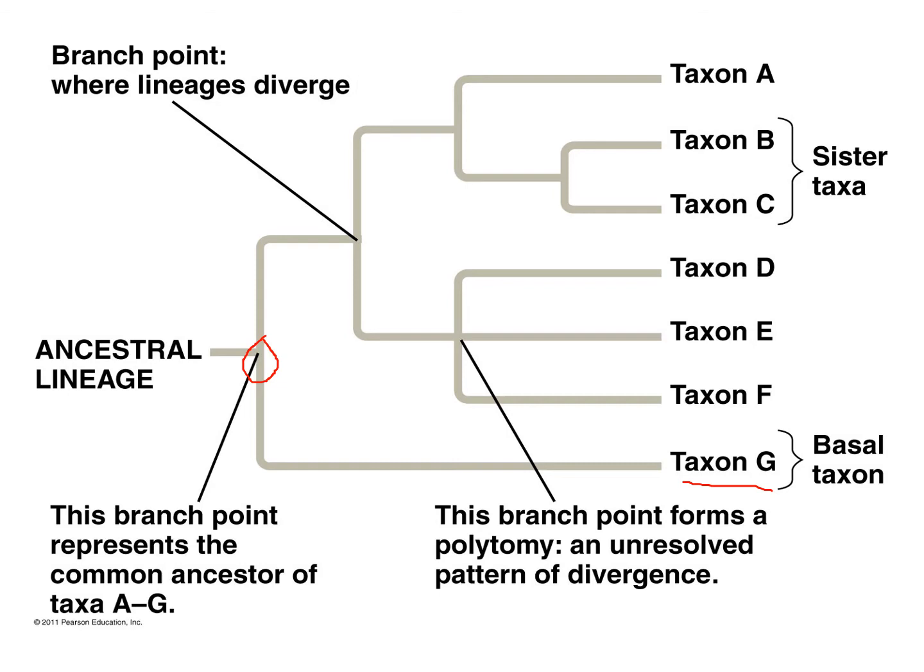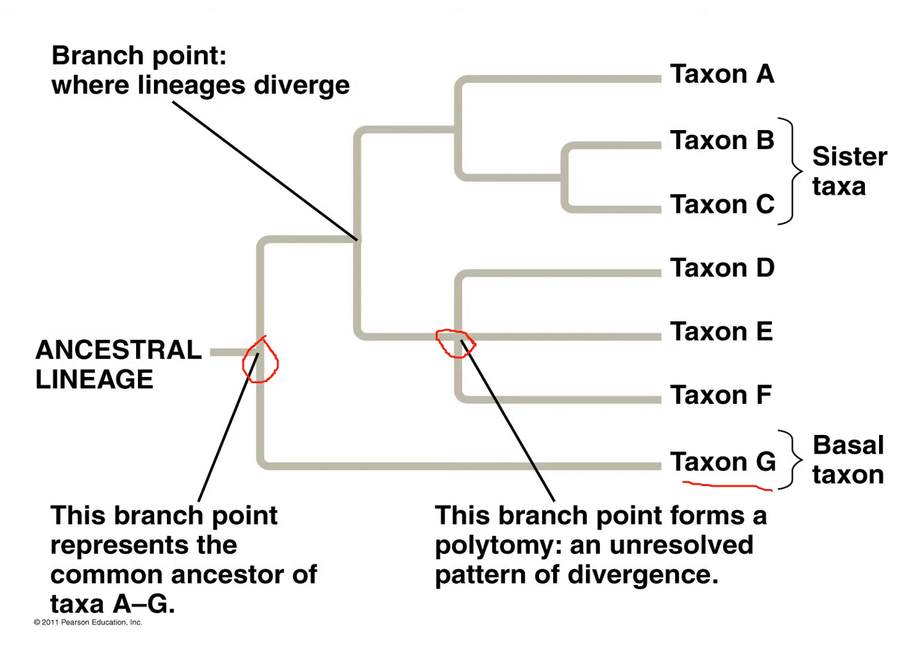We have another interesting point right here. This node represents the recent common ancestor of D, E, and F. Now, we do not have sufficient information to resolve the relationships between D, E, and F. It is highly unlikely that they all simultaneously diverged from one ancestor.